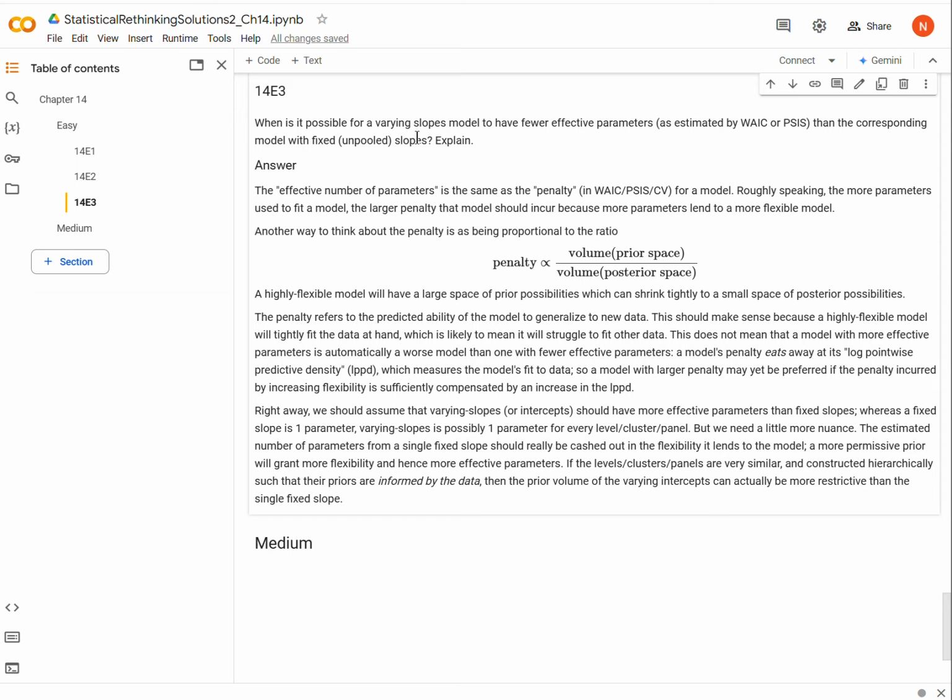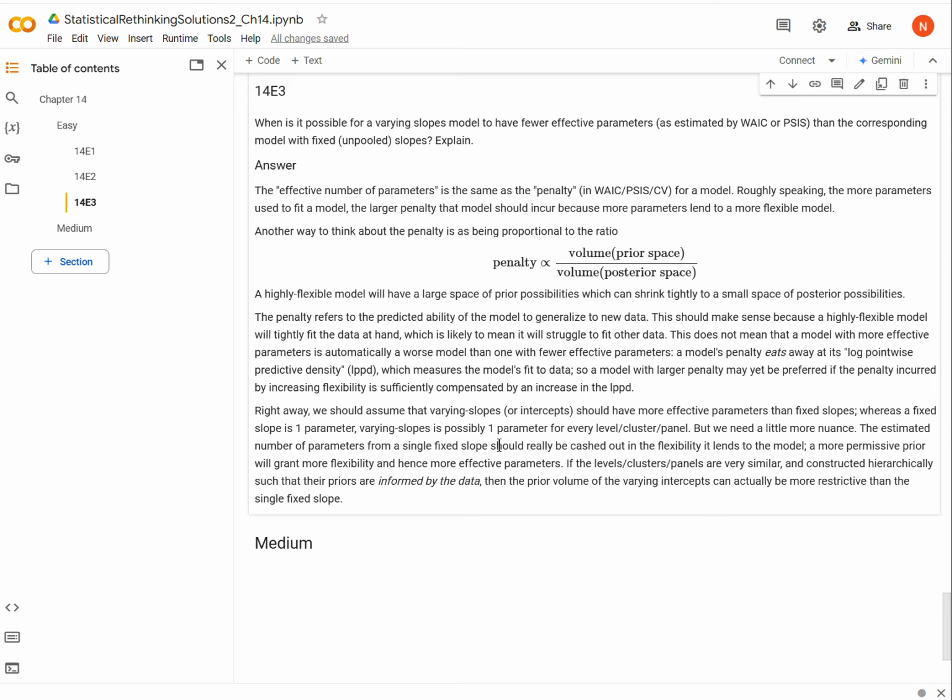In fixed slopes, one slope is one slope, but for varying slopes, we will have a different estimate for each level in the data, and by level we mean a cluster or a panel or whatever. So it's clear that we're making more estimations with varying slopes than with fixed slopes.